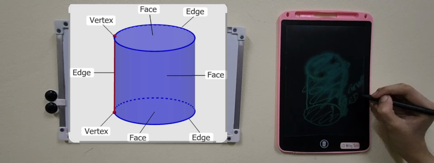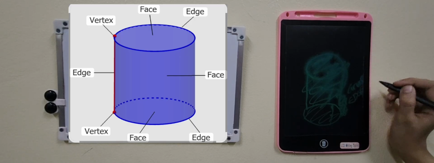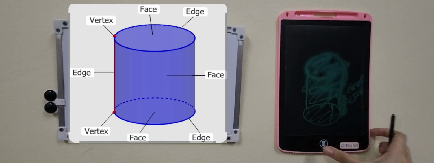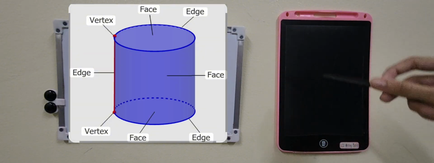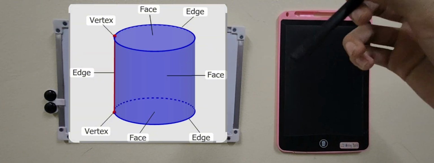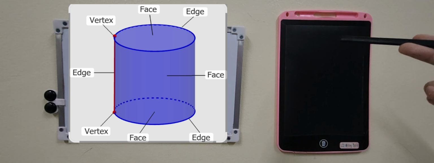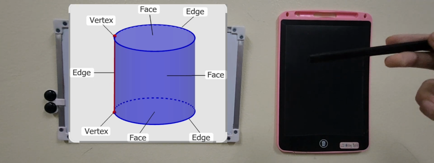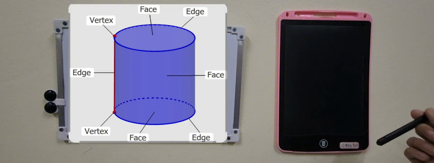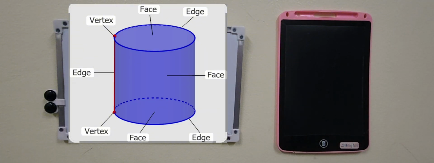So here are more curved edges. There are actually only 1, but we still call it curved edges with an S, because curved edge is not really appropriate for a curved cylinder.